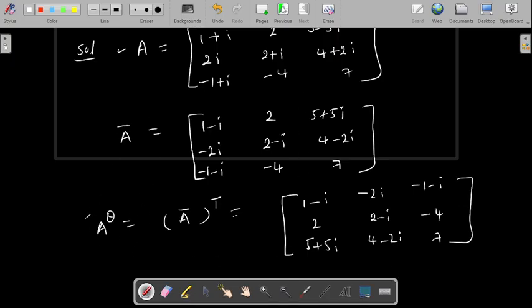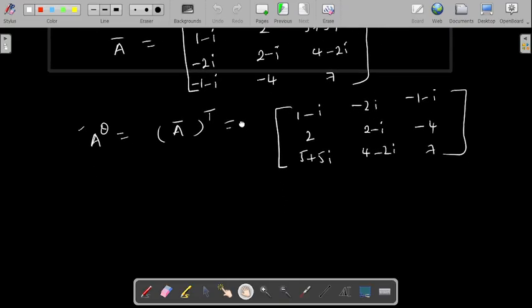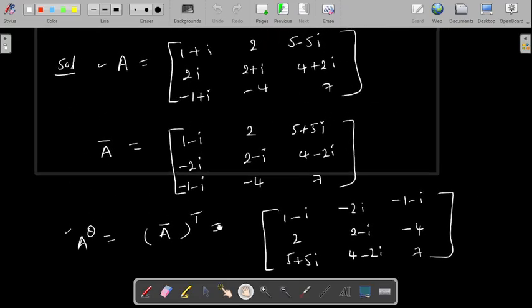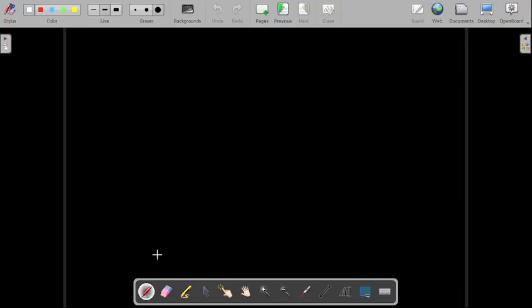First we calculate the H. H is 1 by 2 times (A plus A power theta). So H equals 1 by 2 times A plus A power theta.